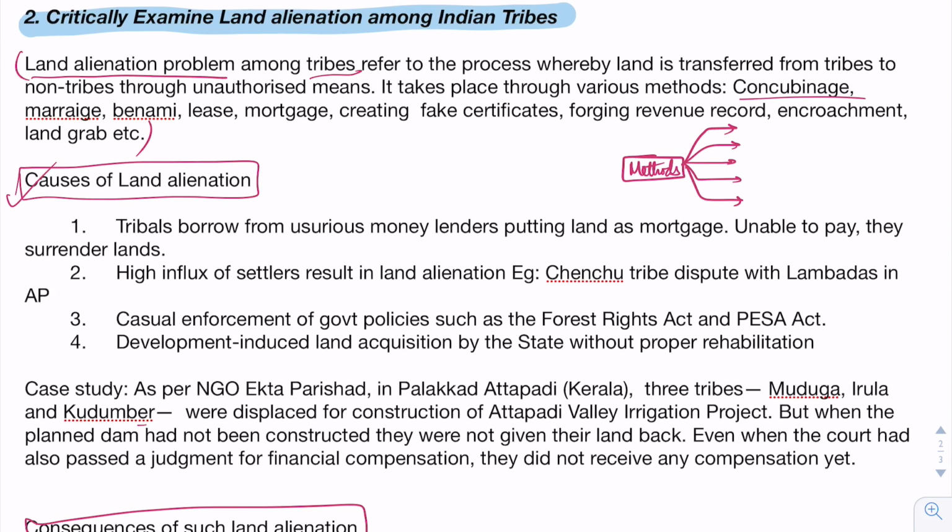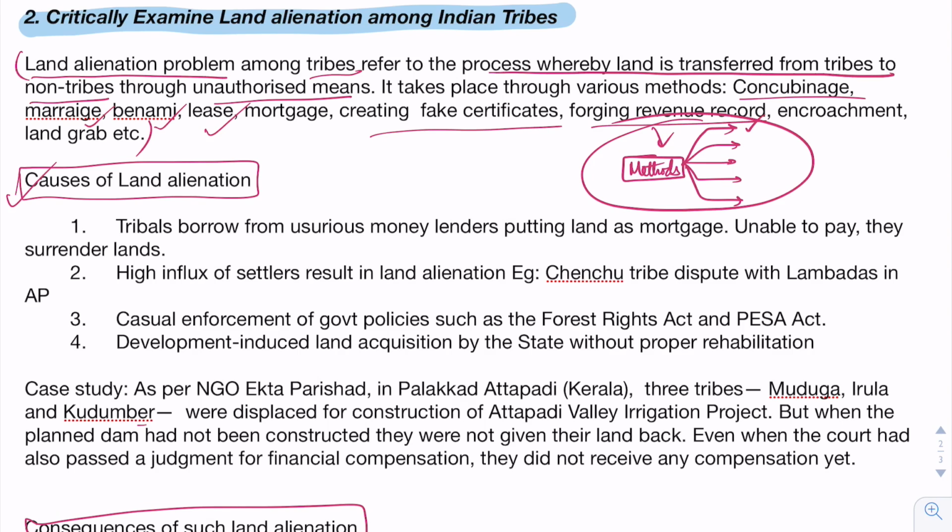You start with the definition, saying that it refers to the process whereby land is transferred from tribes to non-tribes through unauthorized means. And then probably you can use a flowchart to describe the methods in which such land alienation takes place, such as concubinage, marriage, benami, lease, fake certificate creation, forgery of revenue records, encroachment, land grab, etc.